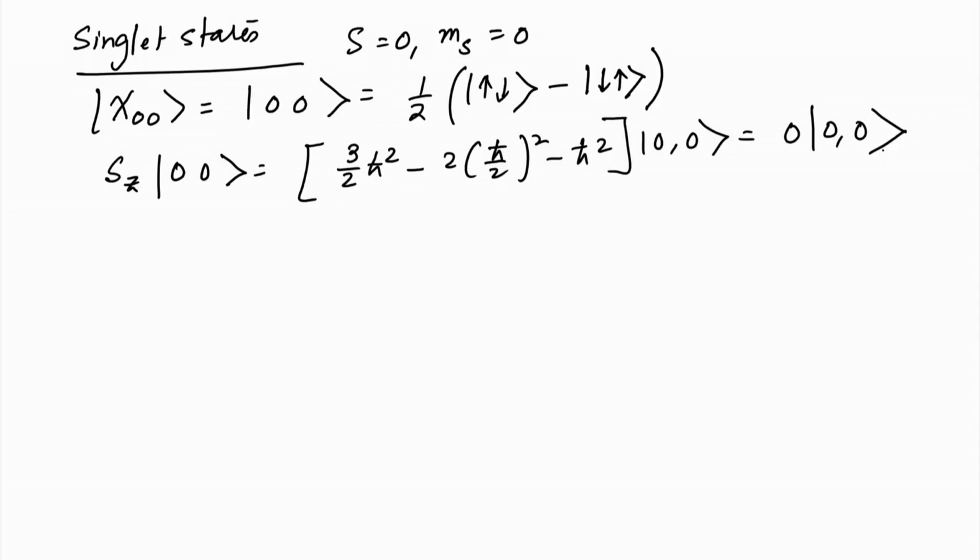Which means that the m_s value of this is equal to 0 and this has s equal to 0. So, we have found all the 4 eigenstates of this two particle problem.